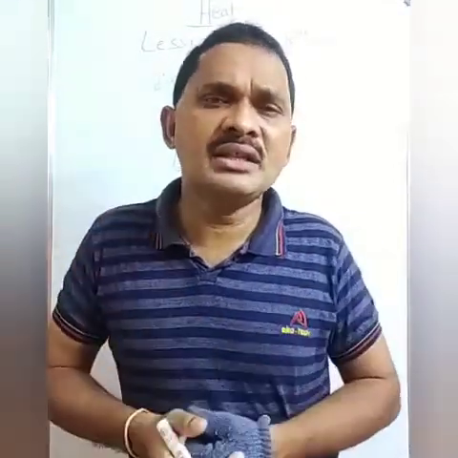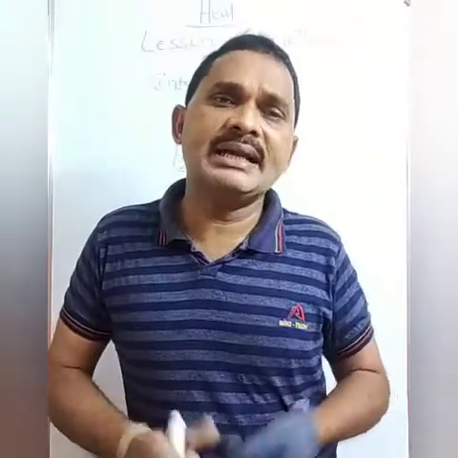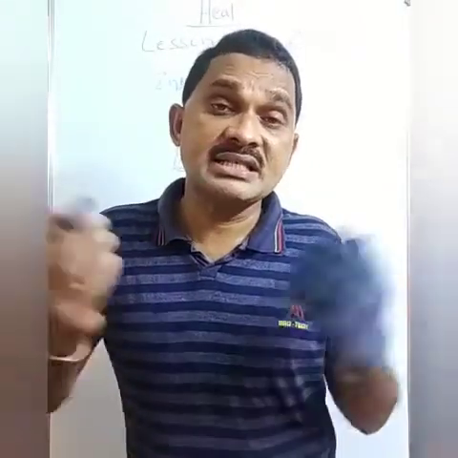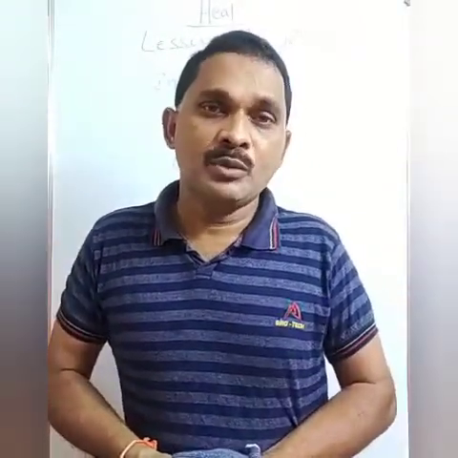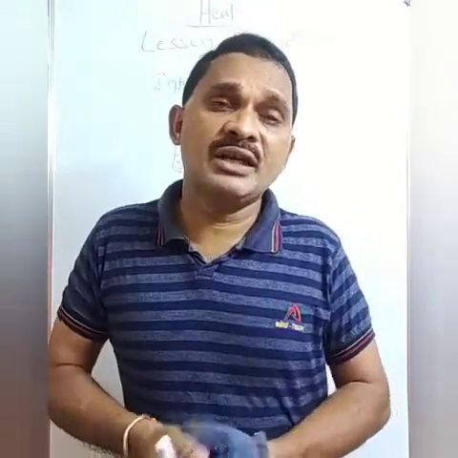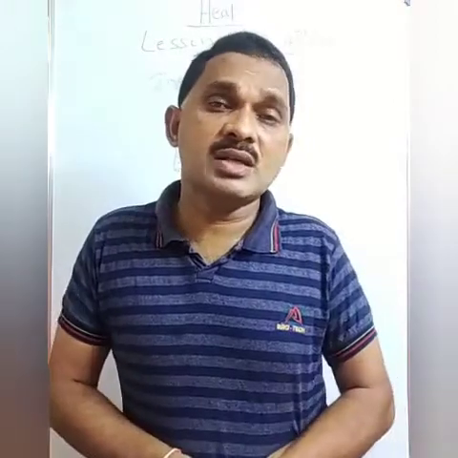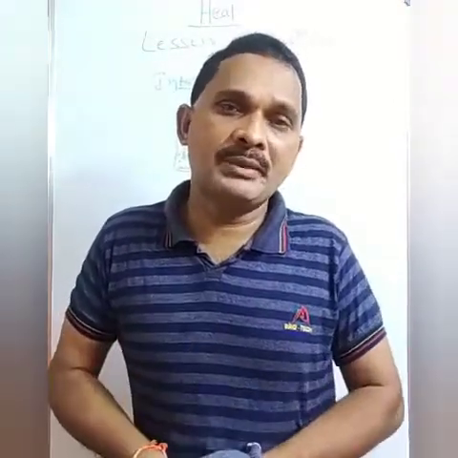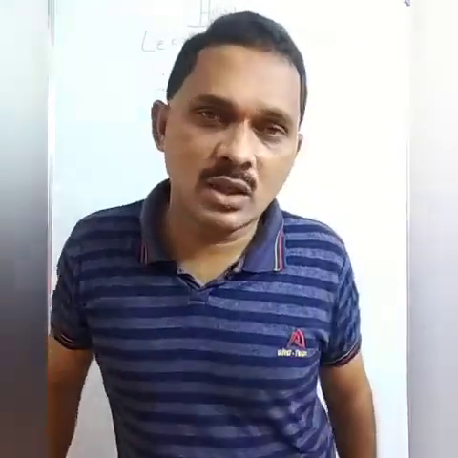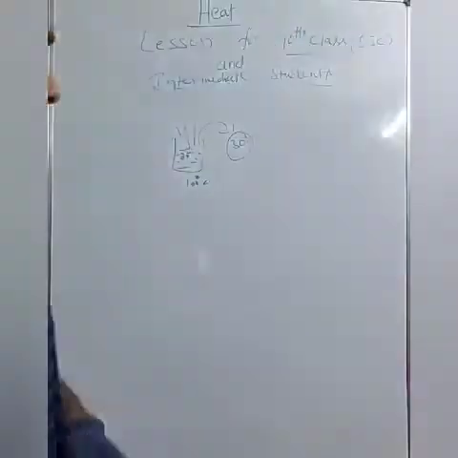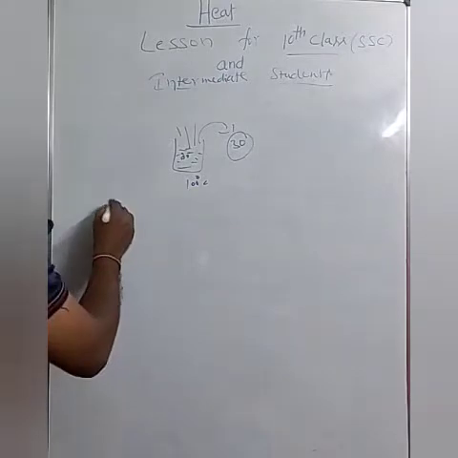When the objects are in thermal contact, the stage where there is no transfer of heat between those objects is called thermal equilibrium. So you can define thermal equilibrium like that.